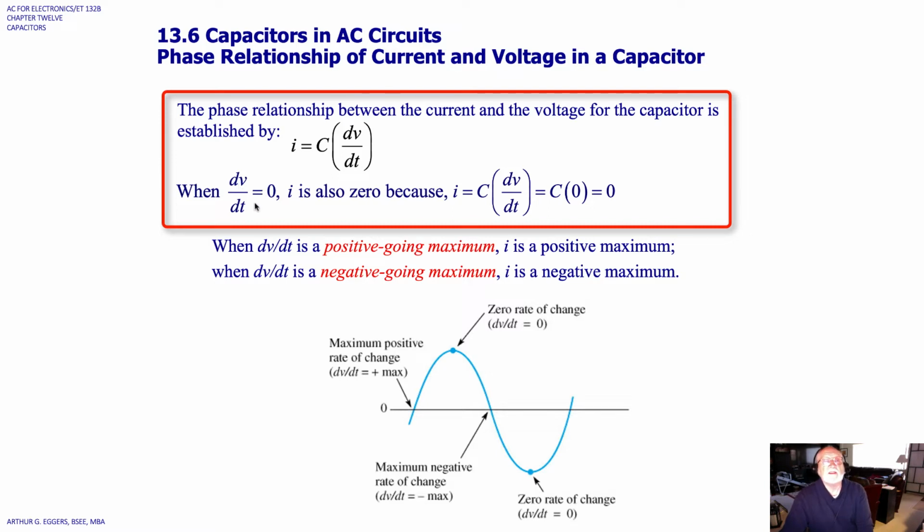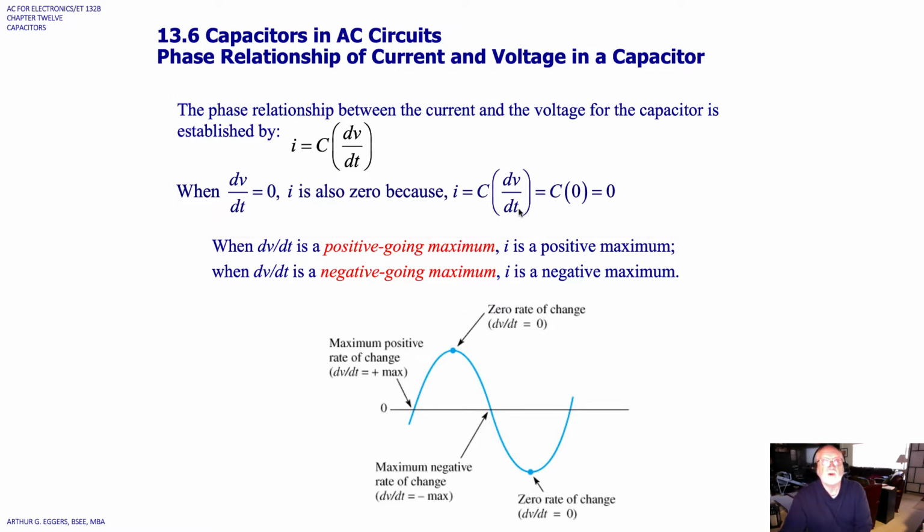When dV by dt is equal to 0, the current is also 0, because when we put in the expression here, dV by dt is 0 times the capacitance, we get 0 as our result. So don't let this throw you. It's not really a fraction. It's just showing a rate of change, one with respect to the other, voltage with time.